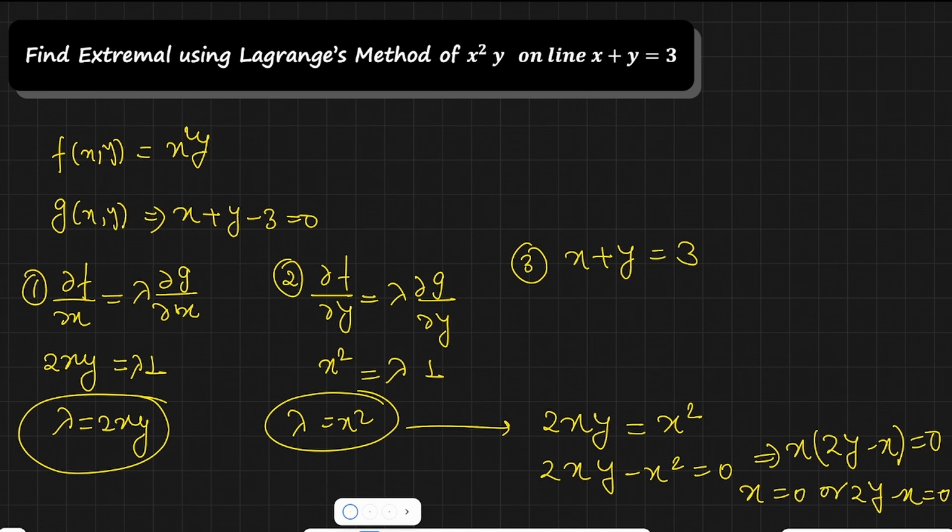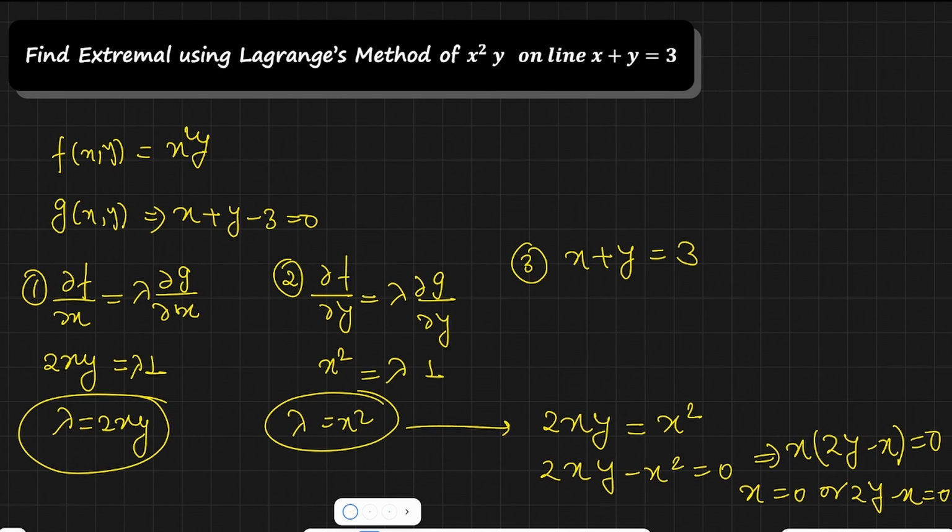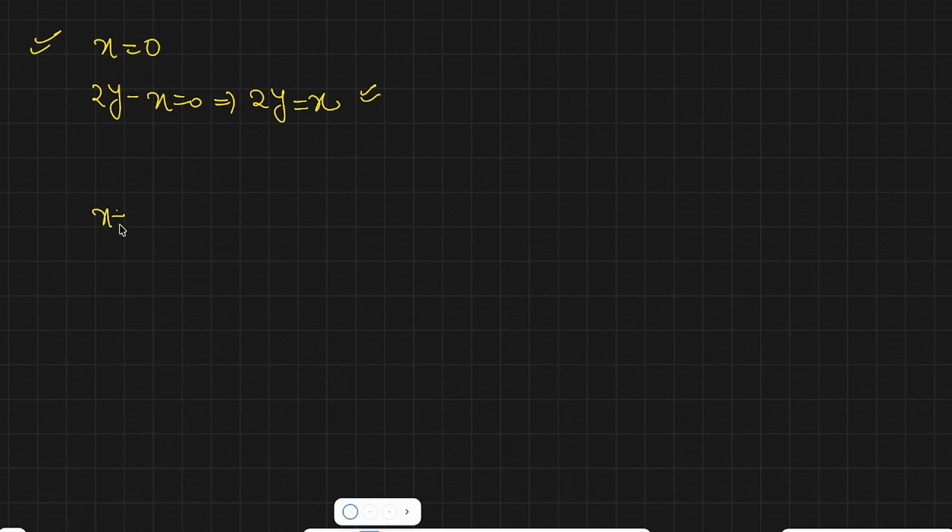It means I got the critical points as x is equal to 0 or 2y minus x is equal to 0, which means 2y is equal to x. Now from here I have the condition. What is the condition? The third equation is x plus y is equal to 3. If x is equal to 0, then y is equal to 3. So this is the first critical point.